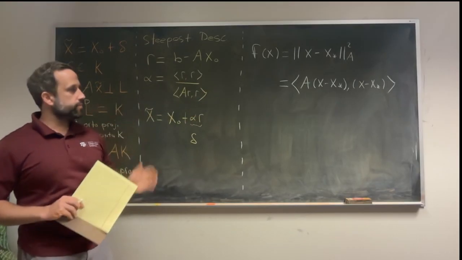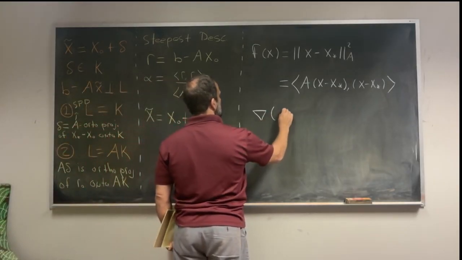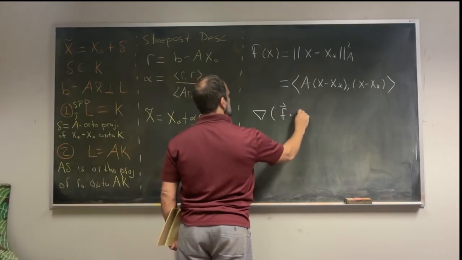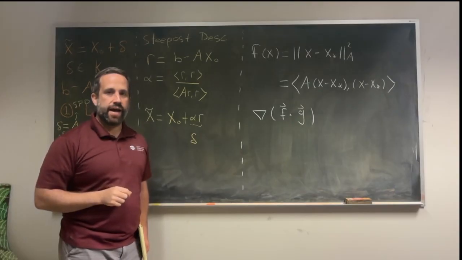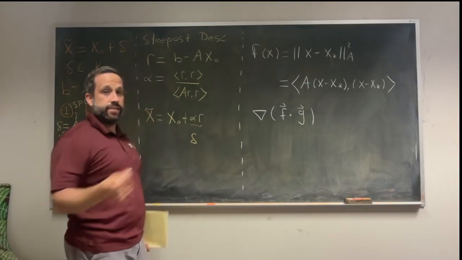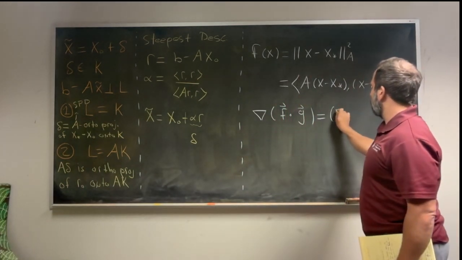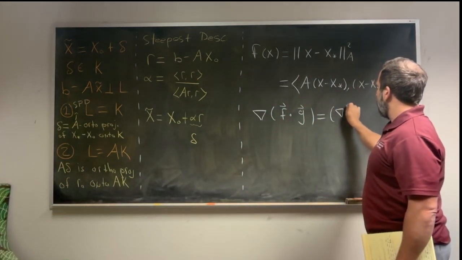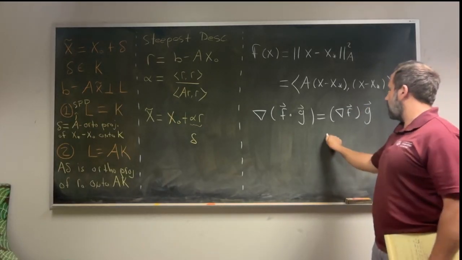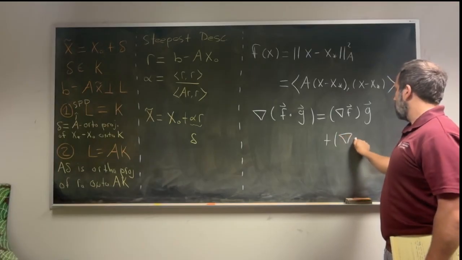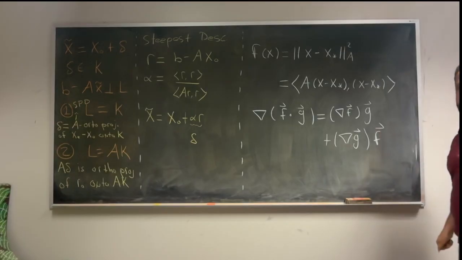Let me just point out, if you have the gradient of a dot product, which is exactly what we have here, as long as you define things the way they should be defined, there's sort of a product rule: the gradient of f, this will be a matrix, times g, plus the gradient of g, and again this is a matrix, times f.